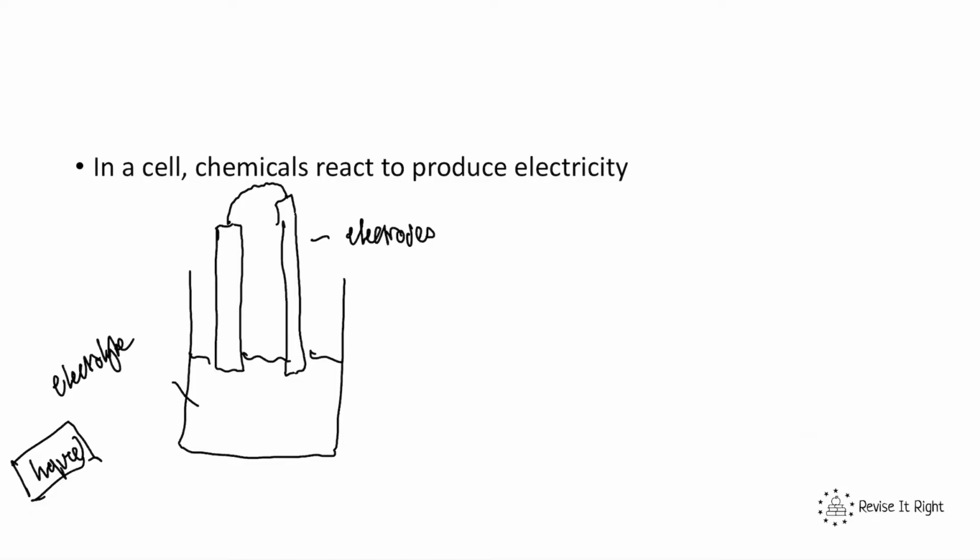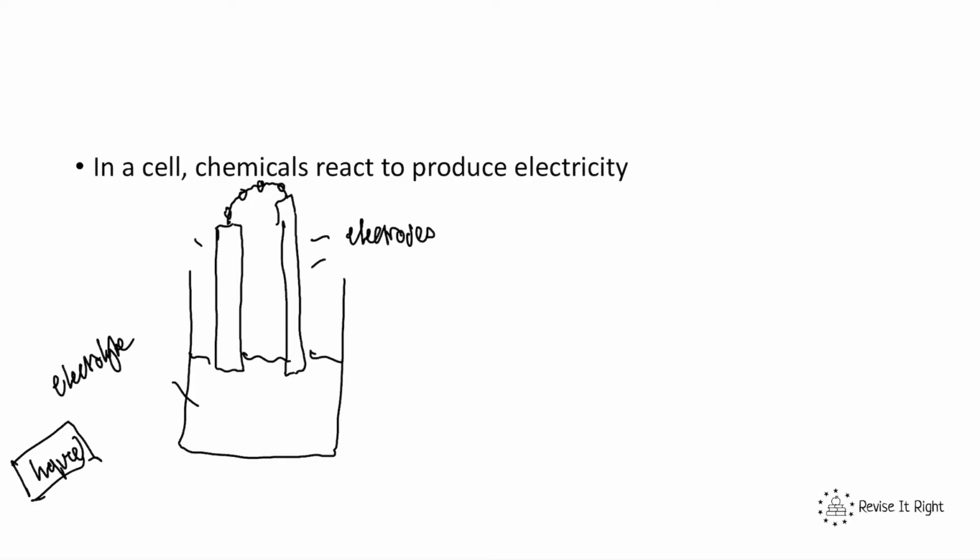And if these electrodes are connected by a wire, then that charge is able to flow and electricity is produced. Okay, so the charge difference between this electrode and this electrode causes the charge to flow through the wire, which produces electricity.